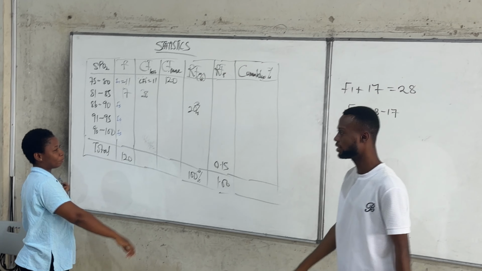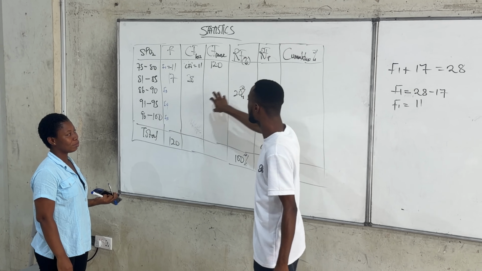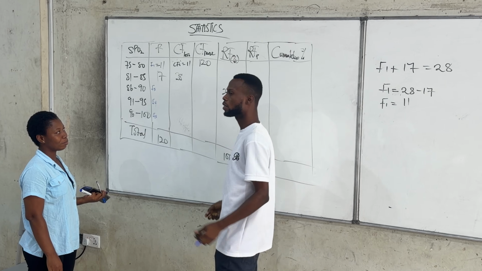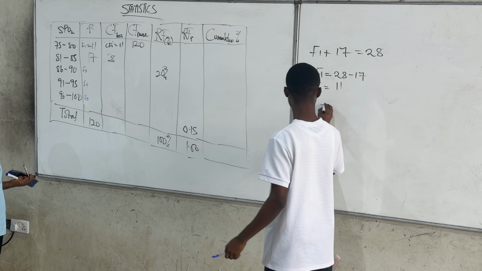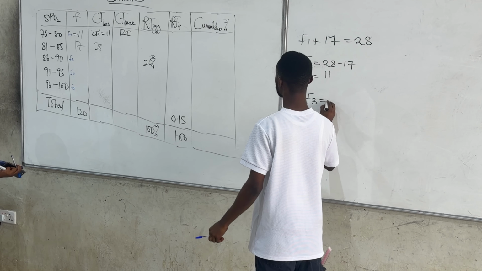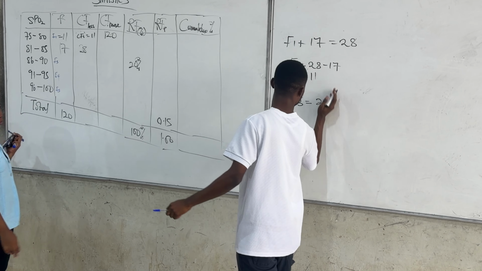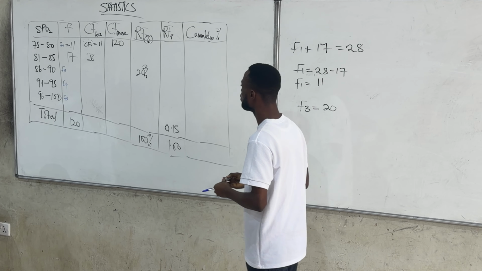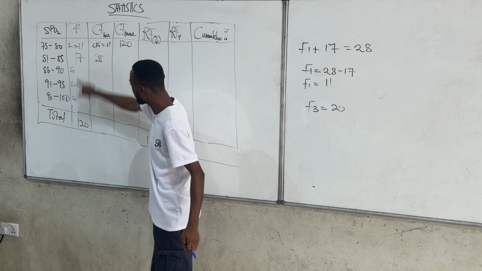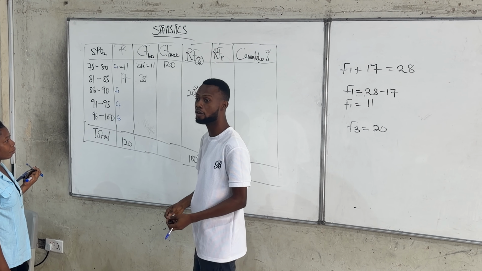So as we are saying, we can also use this one to help us find the F3. Now, what we are going to do is that if F3 is equal to 20% of the relative frequency, we know that the whole frequency is 120, it means that we can equate the 120 to 100.